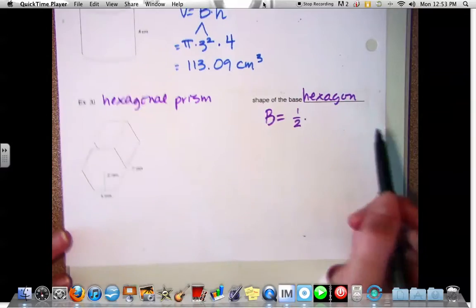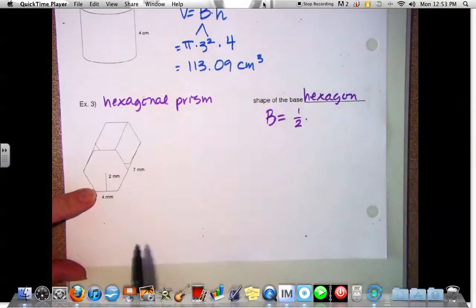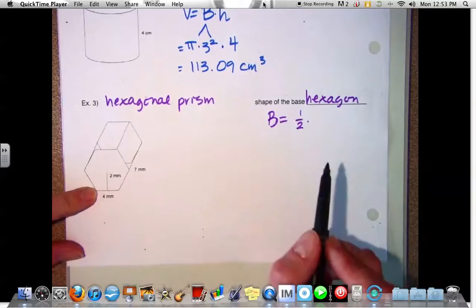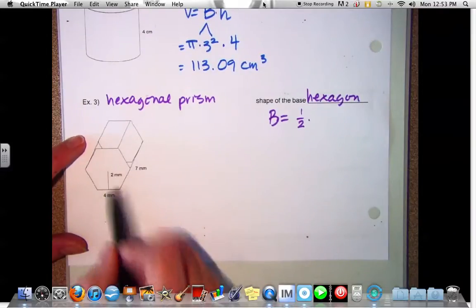All right, so the height of the triangle we call a what? When we're looking at polygons, what is this height? We have another word for it. What's it called?